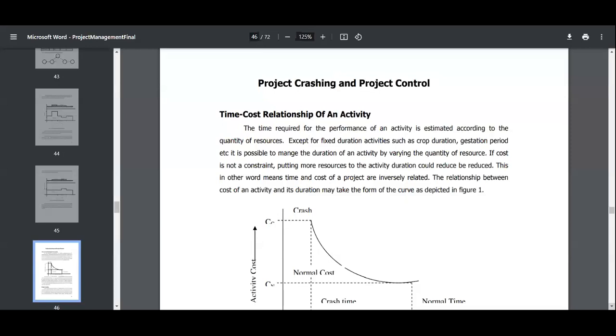So, except for fixed duration activities, such as crop duration, etc., it is possible to manage the duration of an activity by varying the quantity of resources. So, if cost is not constant, putting more resources on the activity would reduce the duration.